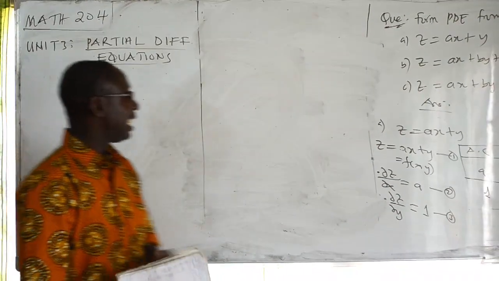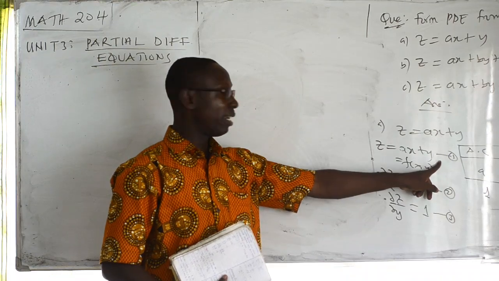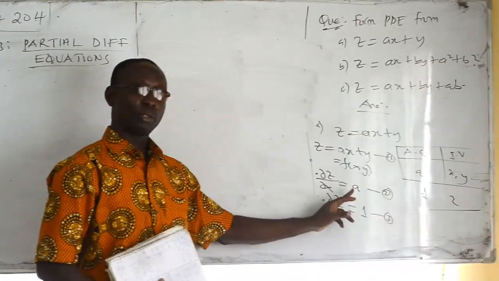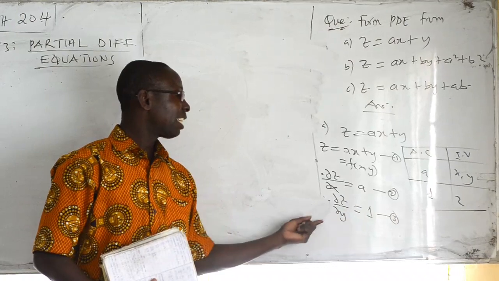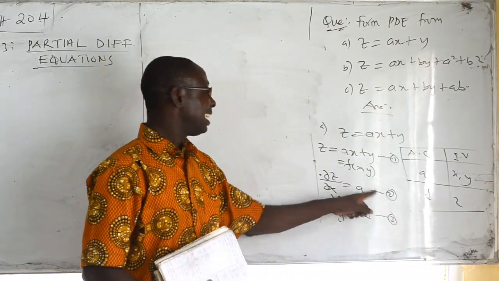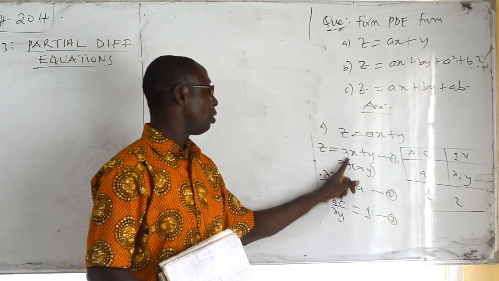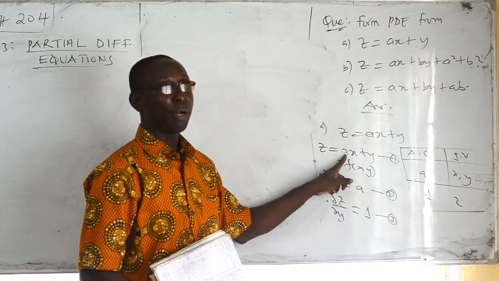So you realize that there are 3 equations. The given equation is labeled as equation 1. The ones that are differentiated are equation 2 and equation 3. This one is an answer because there's no arbitrary constant inside. This one is not an answer because there's an arbitrary constant. So we can put A inside there so that the arbitrary constant will vanish.